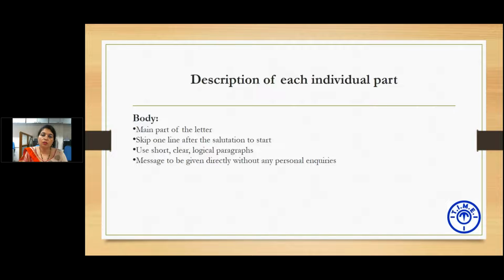You can have a letter which runs into 170 words, but you cannot have a formal letter which is 200 words long. So you have to limit yourselves to the word count that has been suggested to you, which is why the number of paragraphs has to be limited to 2. Fine. So use short, clear, logical paragraphs. And the message should be given directly without any personal enquiries, because it's a formal letter.